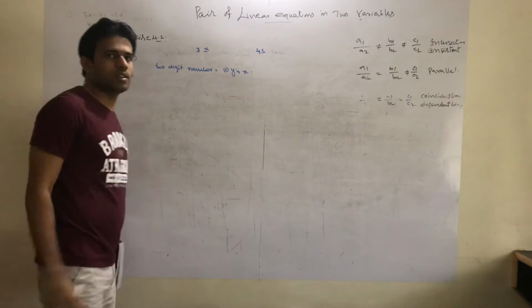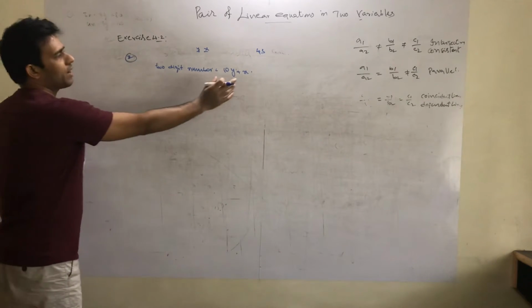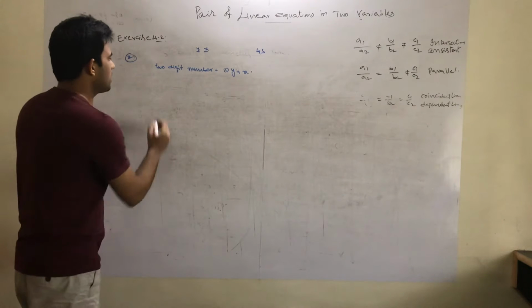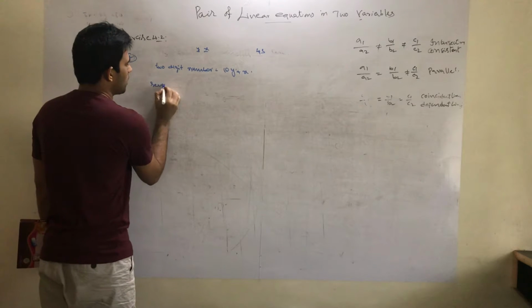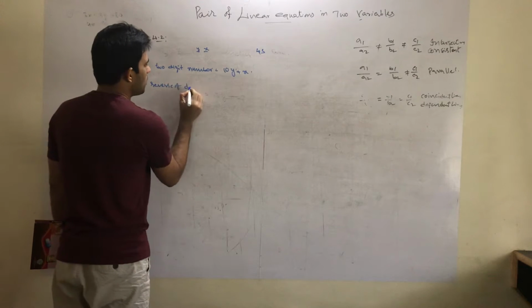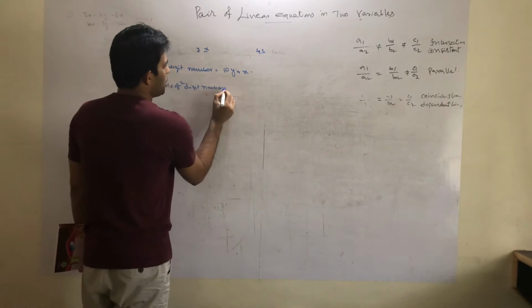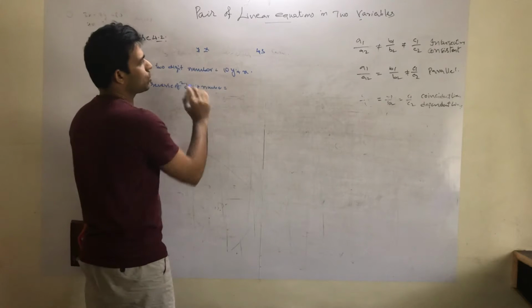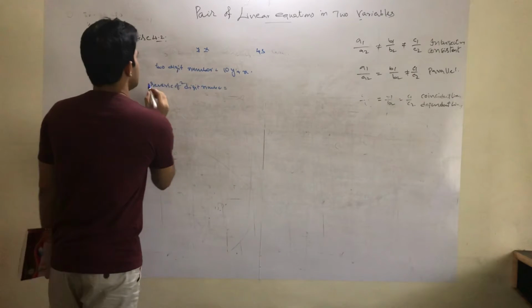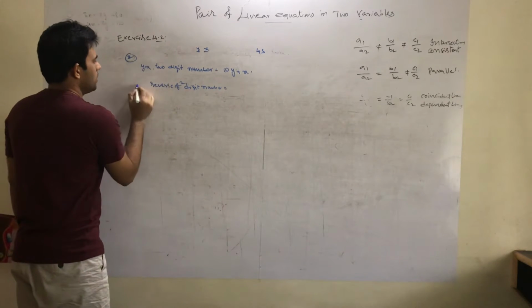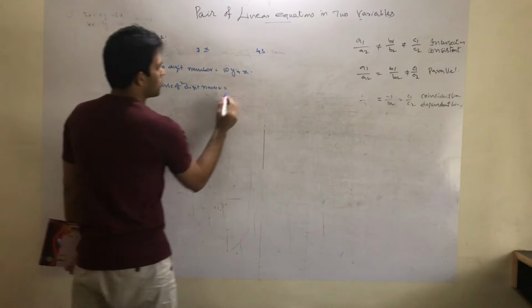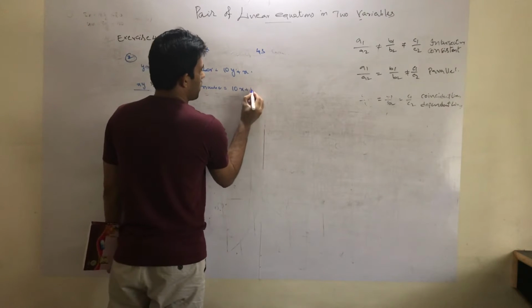So the two-digit number I can write like this. The reverse of the two-digit number then becomes xy. So this is yx and the reverse of the number becomes xy. So I can write this as 10x plus y.